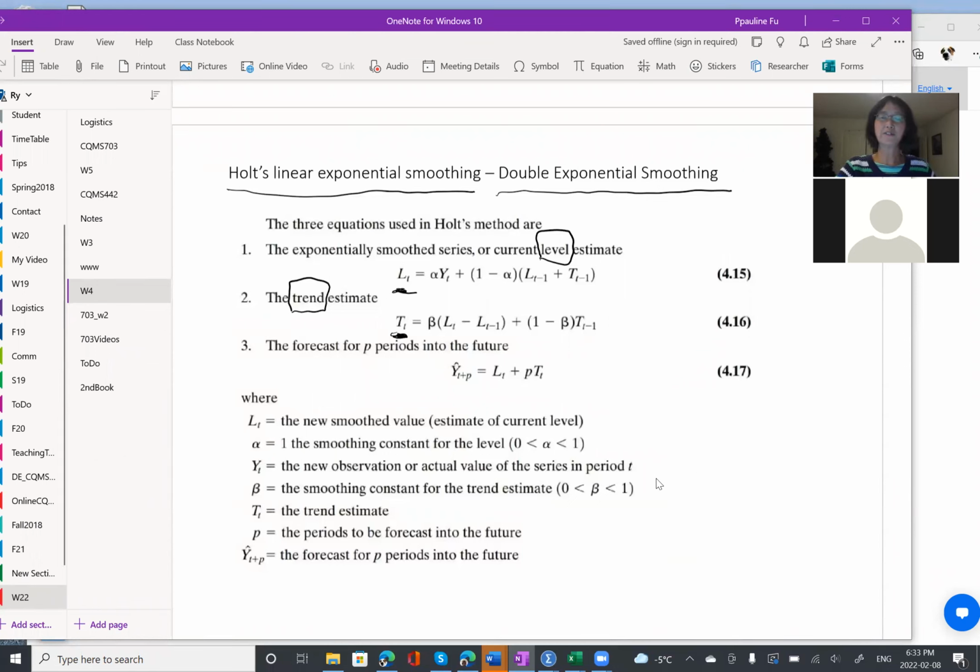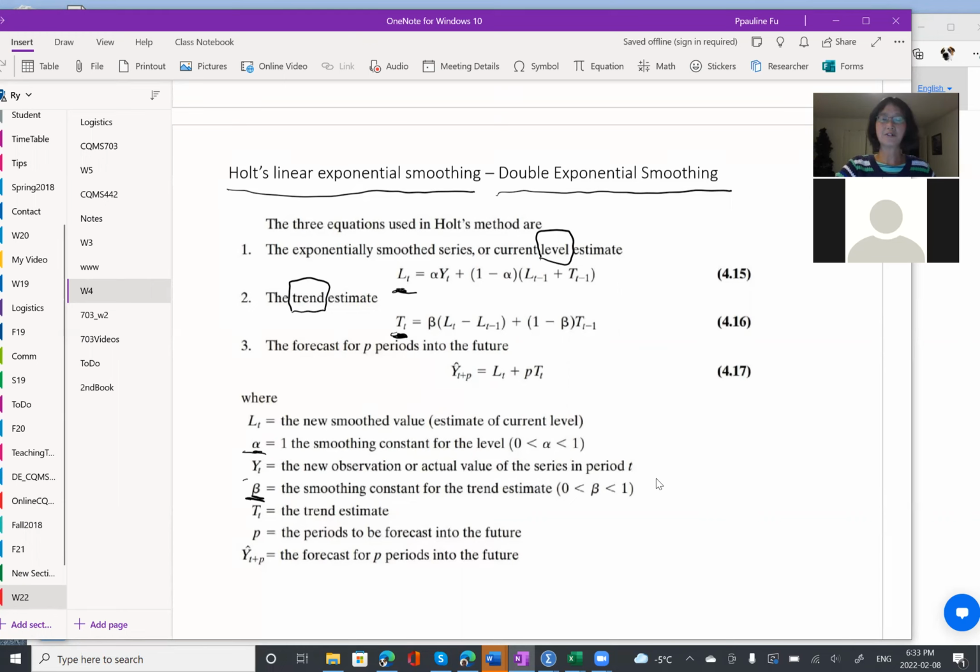When we estimate these two numbers, we also use parameters alpha and beta. Both alpha and beta are between 0 and 1, and different alpha and beta will produce different LT and TT.